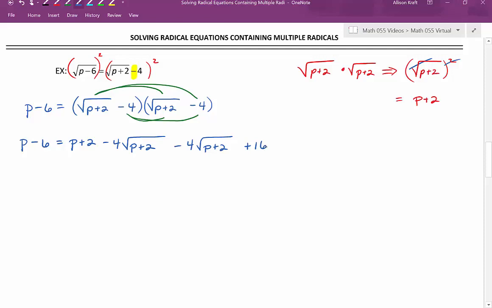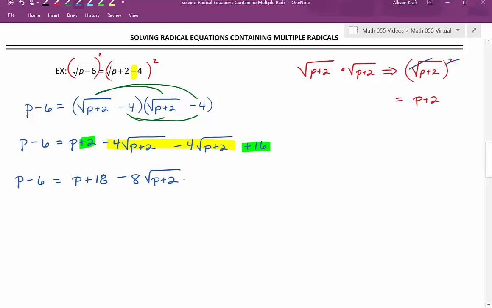We want to clean this up and combine any like terms. We've got like radicals in the middle that we can combine, and I also have constant terms that I can combine. We get p minus 6 equals p plus 18 minus 8 square roots of p plus 2.